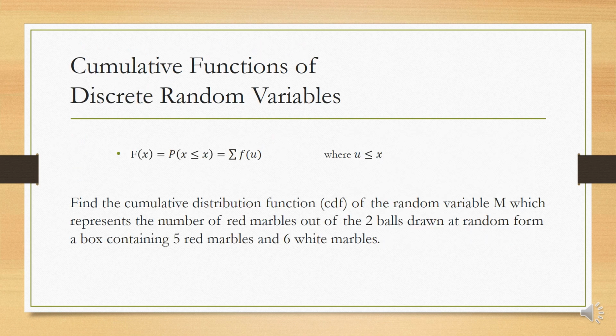For this section, we will discuss now the cumulative functions of discrete random variables. Pag sinabi natin cumulative, it is direct translation ng sum or idinadagdag natin lahat from the very beginning. Okay? So, ang ating function of x is equal to the probability where X is less than or equal to x, equal to summation of f of u, where u is less than or equal to x.